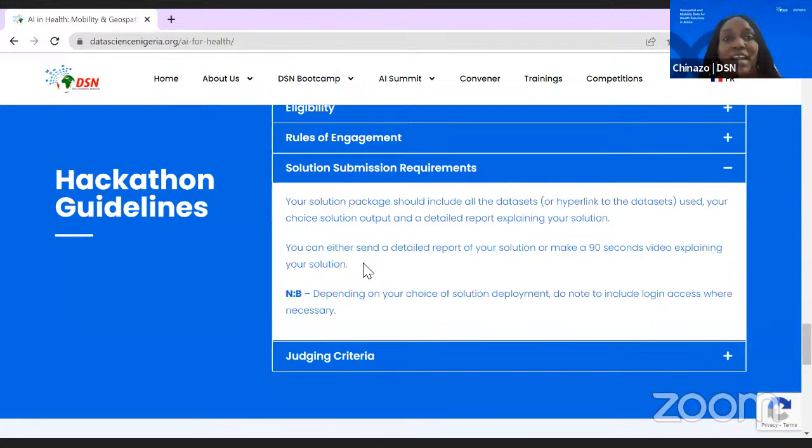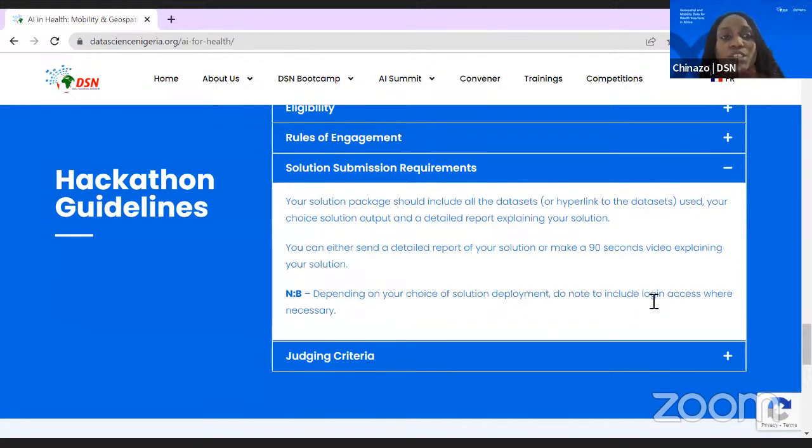If you don't want to write, you'd rather express your solution in a video, that's also fantastic. You talk about what you have built and submit that as a video instead of a detailed report.